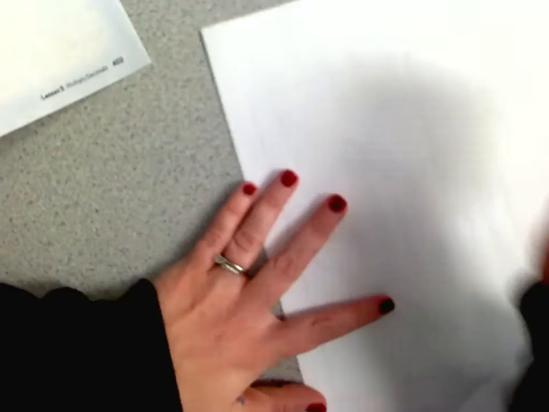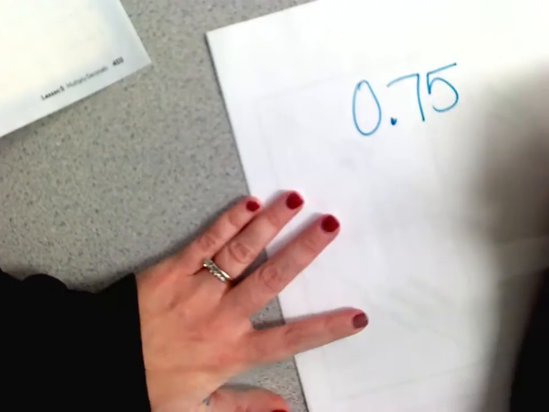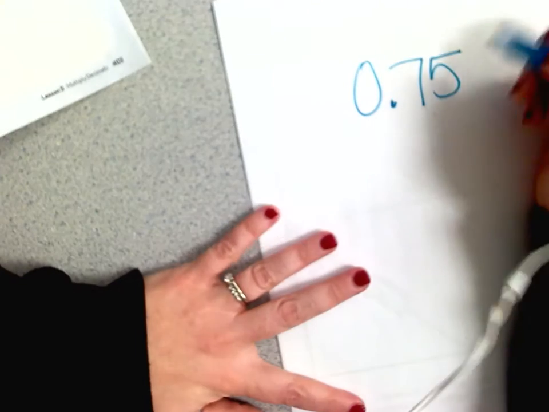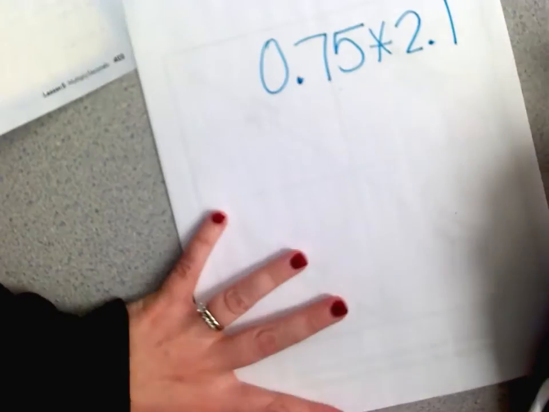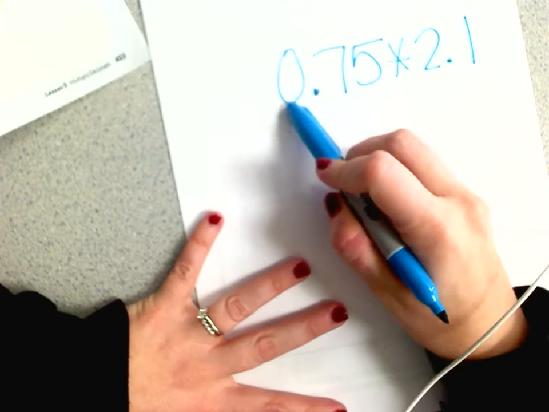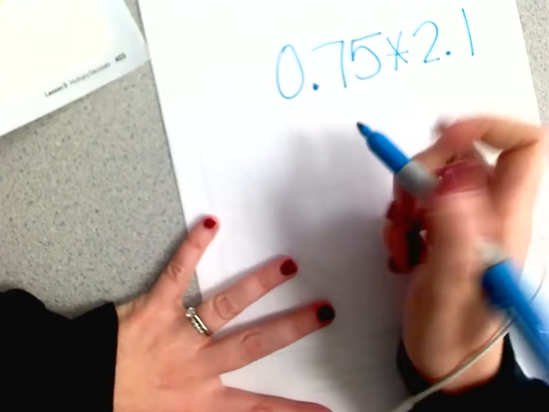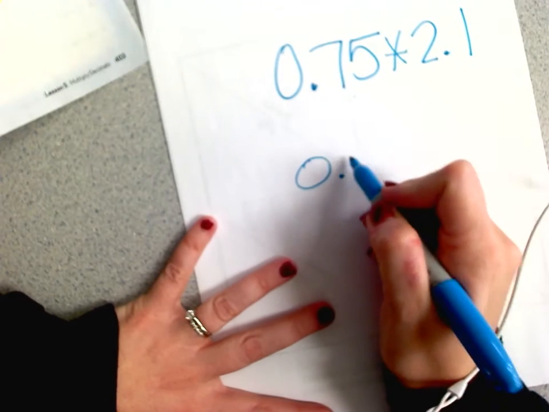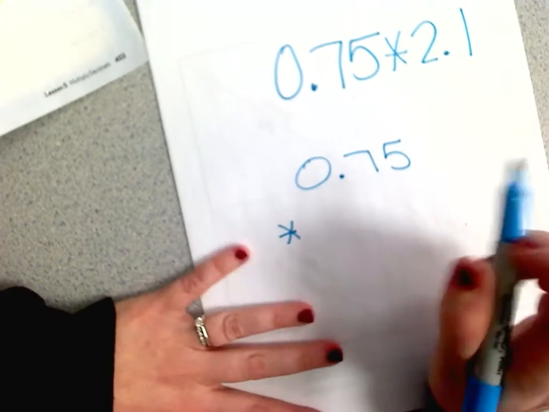All right, so let's multiply 0.75, so 75 cents, times 2.1. Now, I told you last time, whichever number has more digits, let's put that on top. So it looks like 0.75 has more digits than 2.1. So we're going to put that on top, 0.75 times, now watch this.